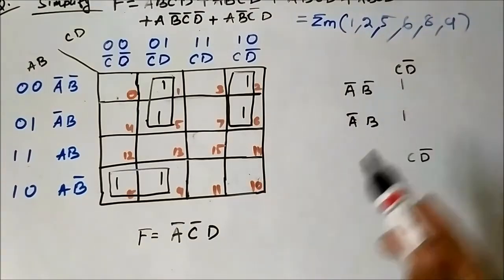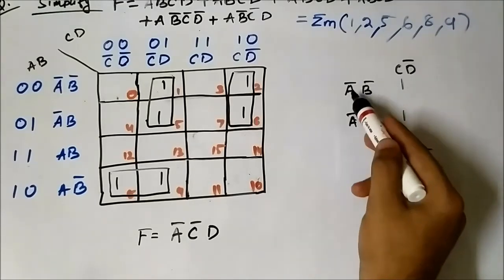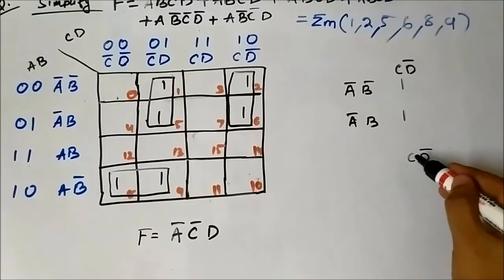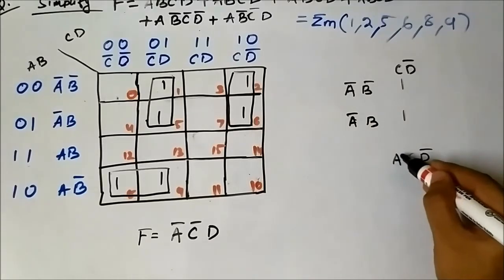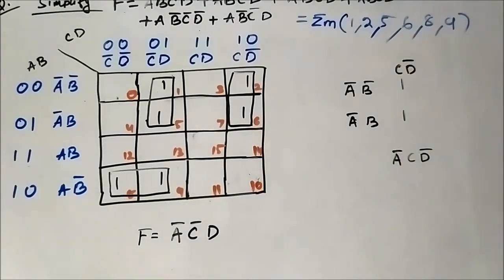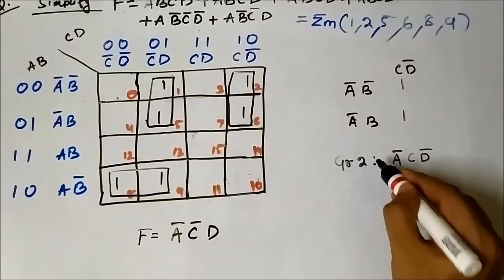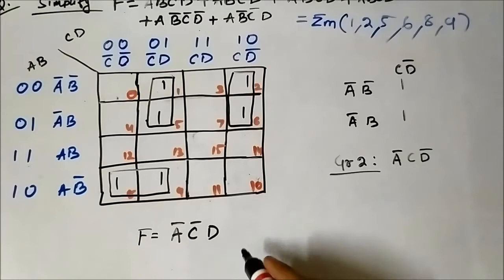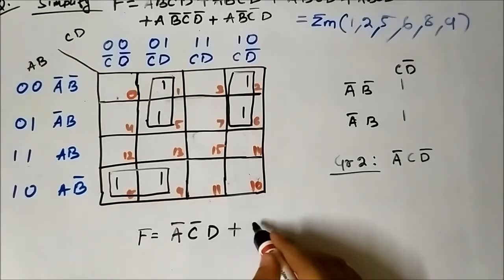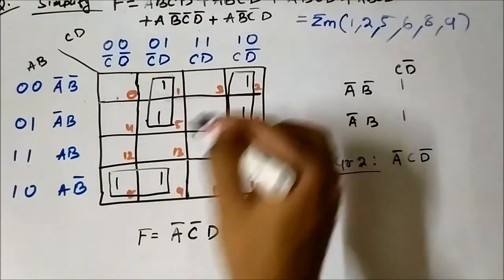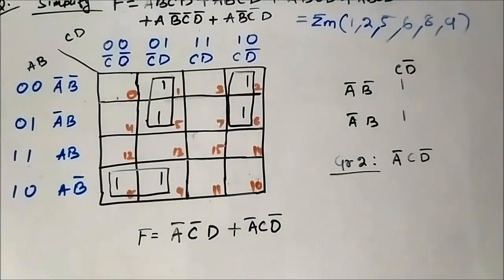From the horizontal side, A bar is common in both the cells. So A bar C D bar for group 2. Let us write it down here: A bar C D bar, the common set of variables for the second group.